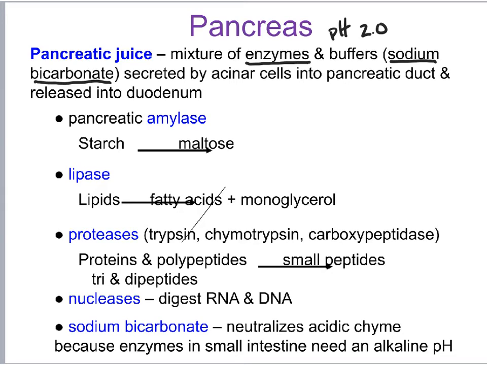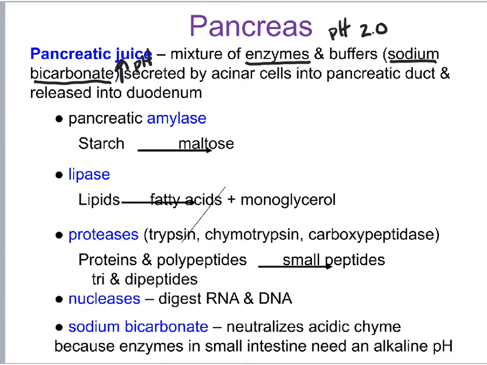When that chyme leaves the stomach and makes its way into the duodenum, it's still at a pH of 2, and that's pretty low. So the sodium bicarb that the pancreas secretes increases pH somewhere up closer to 6, so that really low pH doesn't damage the intestines.